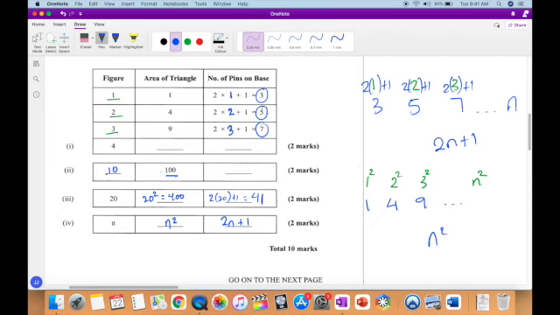And now that I have n here, I could work out, well, this on this side 2n plus 1, which is 21. And then I could say, well, 4 squared is 16, and on this side 2n plus 1, 4 2s are 8 and 1 is 9. And so I'm able to figure out my entire table here.